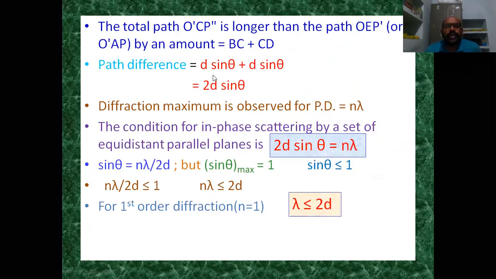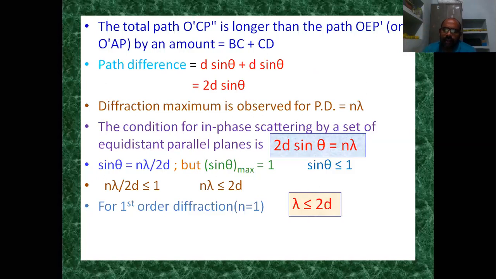We observe the diffraction pattern, or maximum, when the path difference is equal to integral multiples of lambda, where n is an integer. This is the Bragg condition. The condition for in-phase scattering by a set of equidistant parallel planes is 2d sin theta equal to n lambda. This is Bragg's condition or Bragg's law.